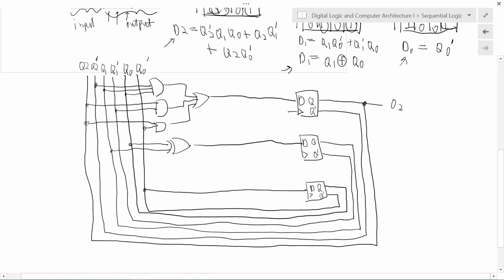The clock signal is shared by all 3 flip-flops. O1 is equal to Q1. O0 is equal to Q0. Don't forget the clear signal here.